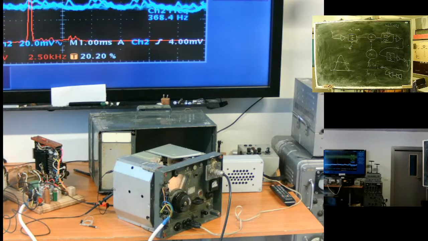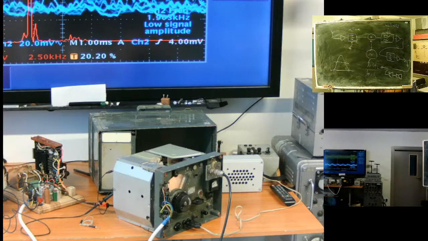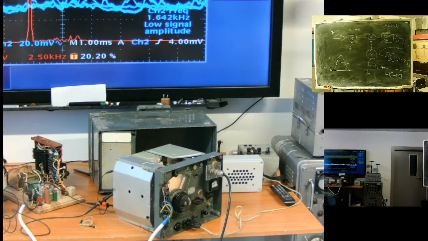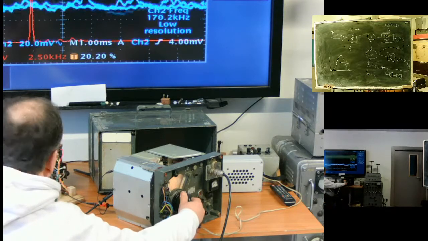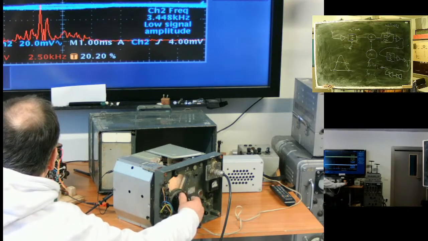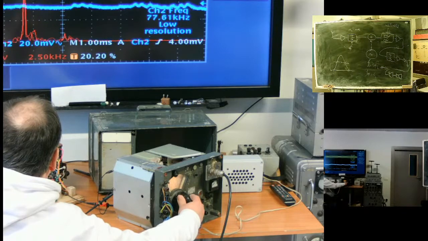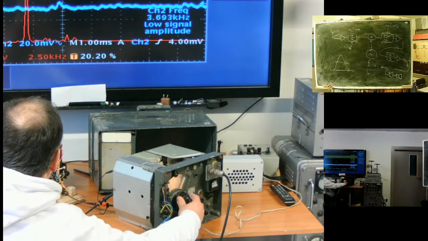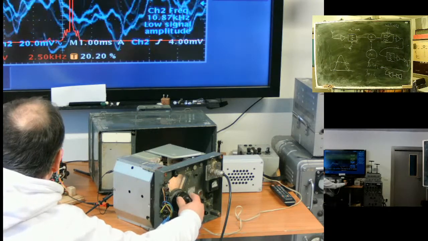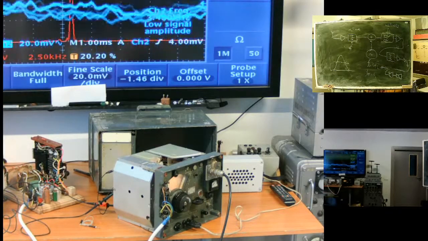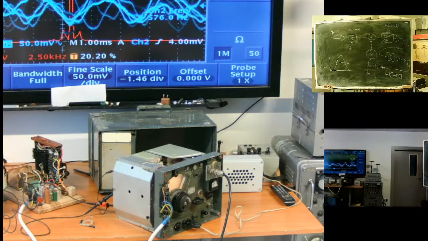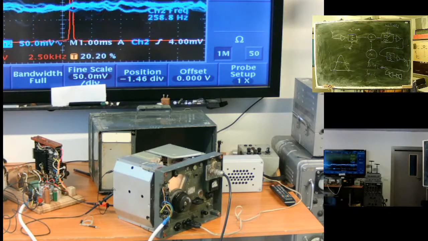Here it is. See, a bit asymmetric. This way back.